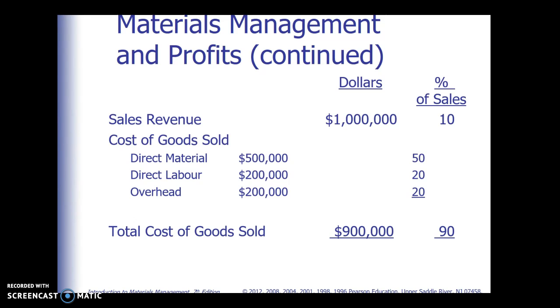Here is a very simple cost of goods sold formula. Look at this for a moment. Take out a piece of paper and write this down and see if you come up with the same figure and the same calculation.